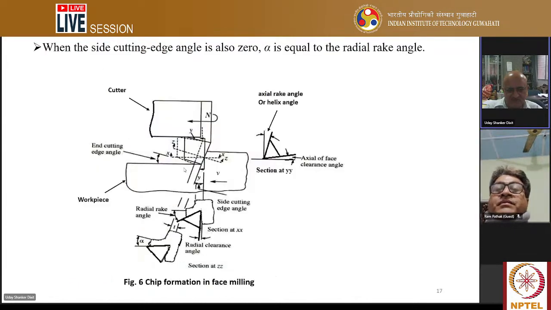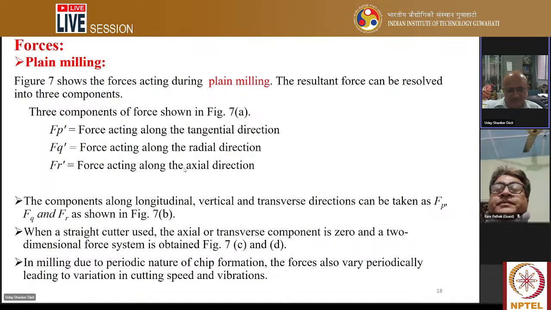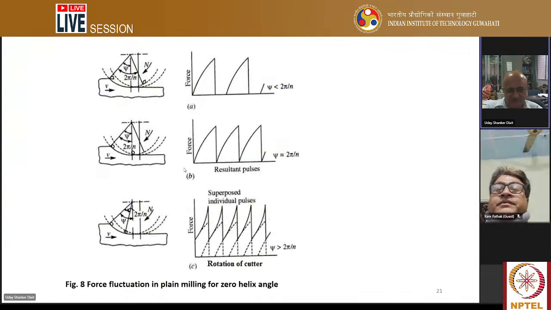Generally, people don't study much about milling; they only study turning. But milling is also very interesting, and here you see that the number of teeth is very important. Suppose you have 0 helix angle, then you see force increases, and then after that there is a gap, then again it comes like that.